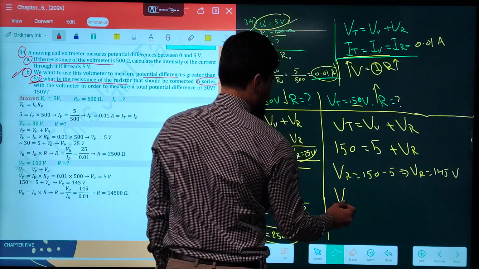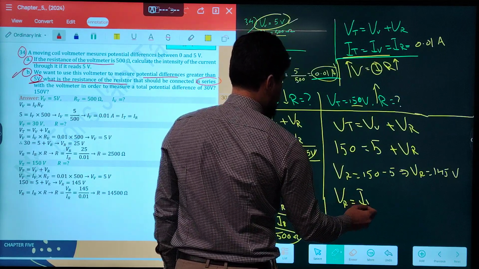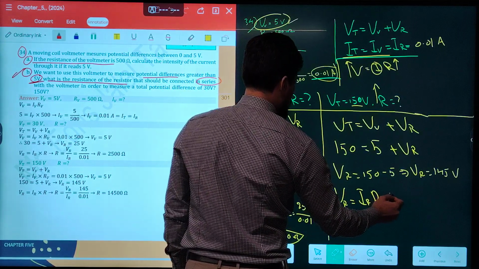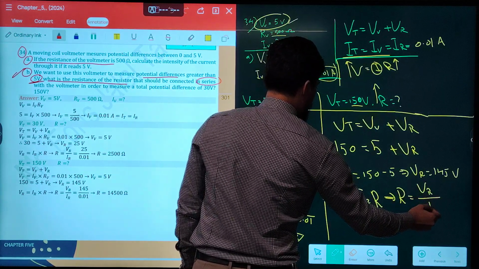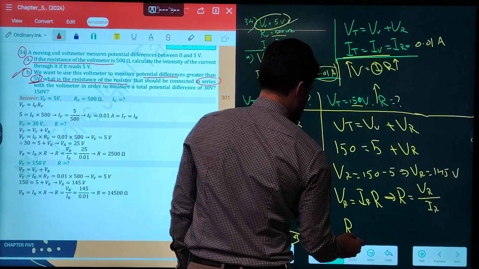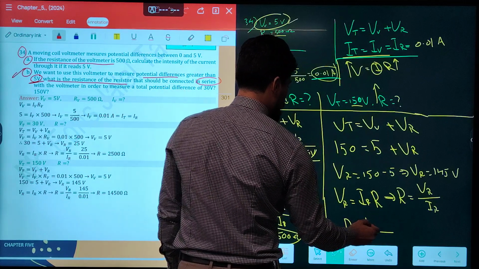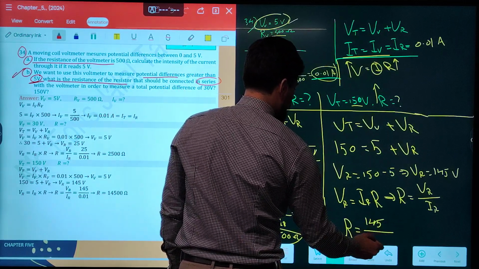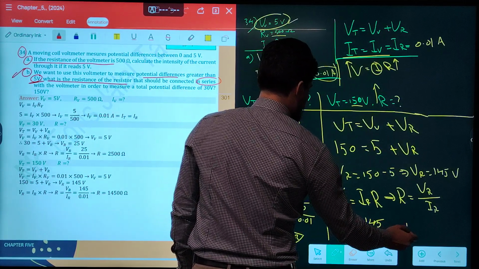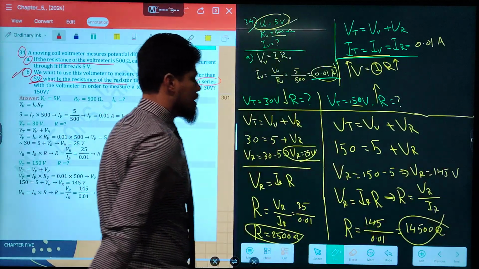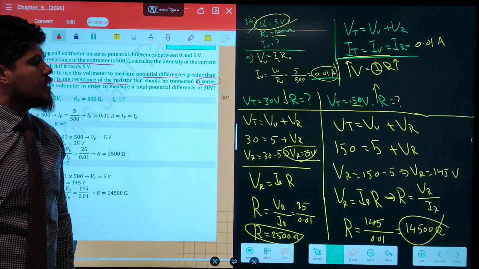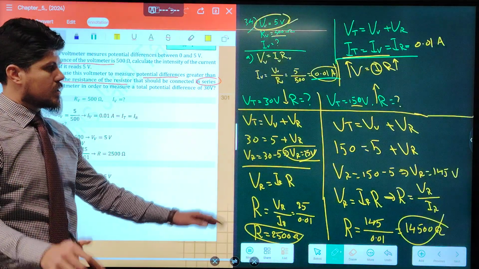And according to Ohm's law, VR is equal to IR times R. R is equal to what? Rearrange: VR over IR. Replace VR with 145. IR is constant, 0.01. R is 14,500 ohm. This is the resistance when the V total is 150 volt.